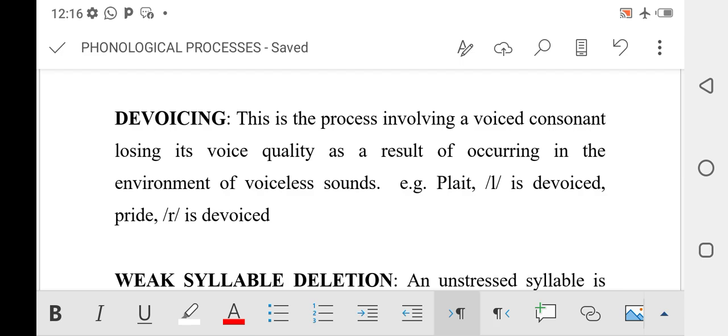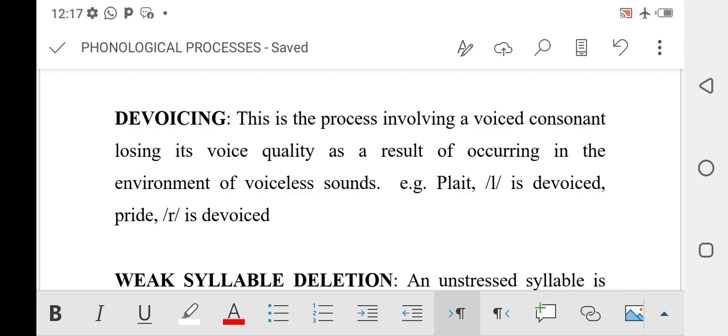The same thing happens in pride, where you find R. R is a voiced alveolar roll, or a voiced alveolar trill. Some people still call it lateral. So this voiced sound becomes devoiced because it has occurred with P, a voiceless sound.